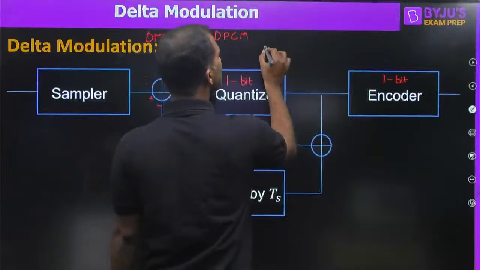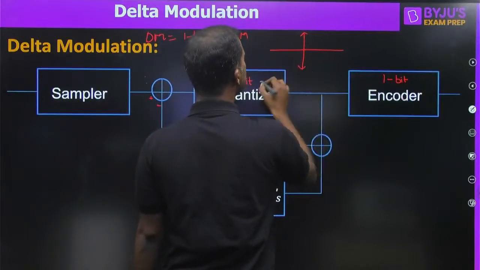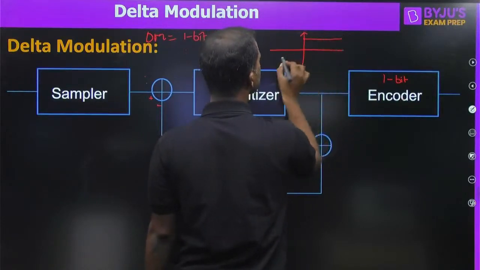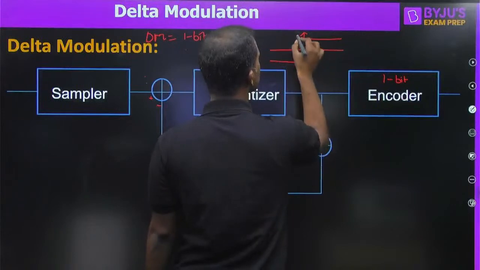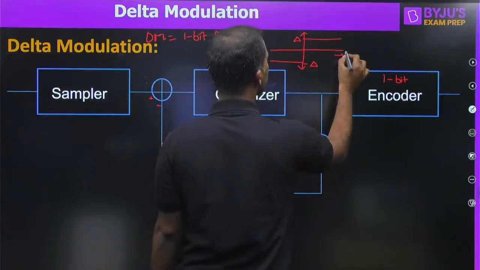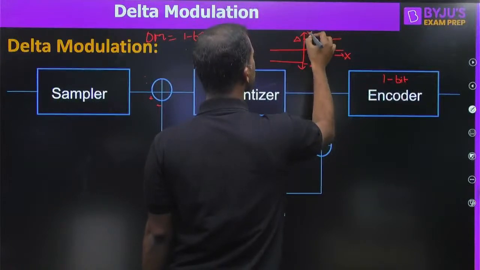Let me quickly draw the characteristics here. How do the characteristics look? Since it is a 1-bit quantizer, only 2 levels will be there, and the 2 levels are going to be designed like this. So it is delta and minus delta as a function of x. This is y. So input versus output characteristics.